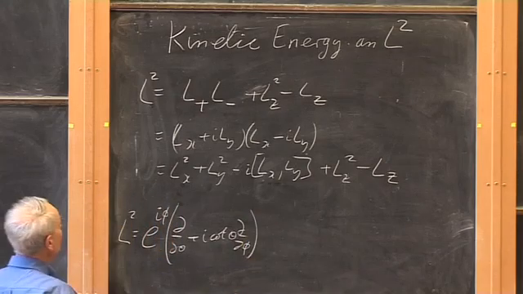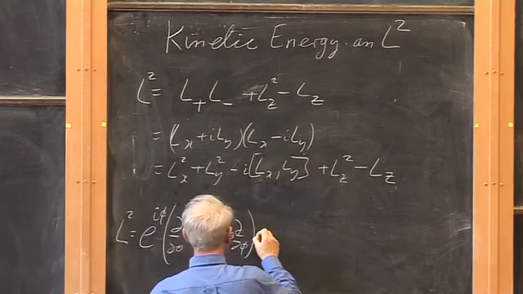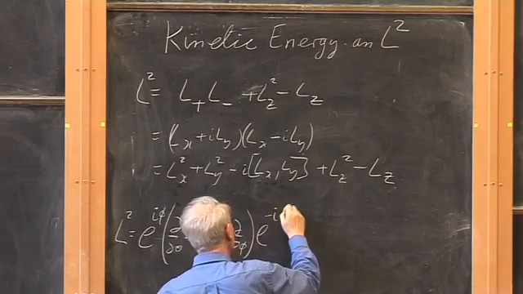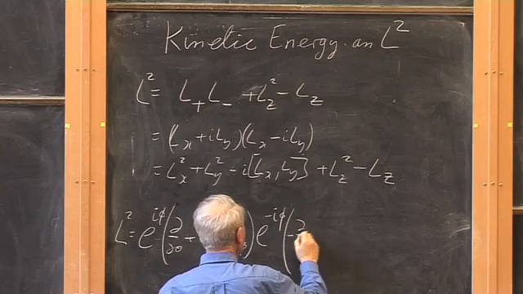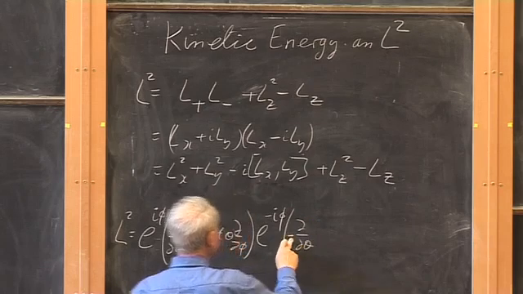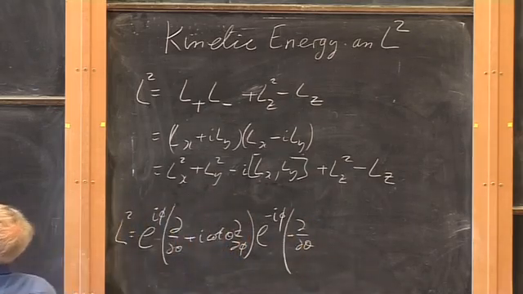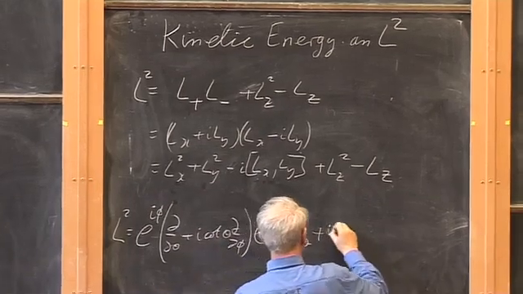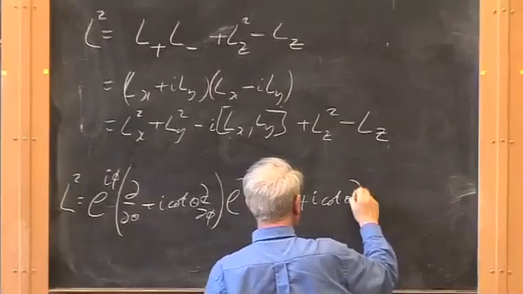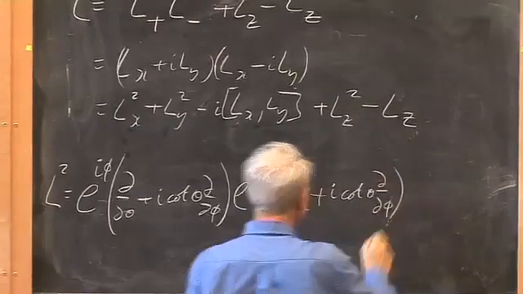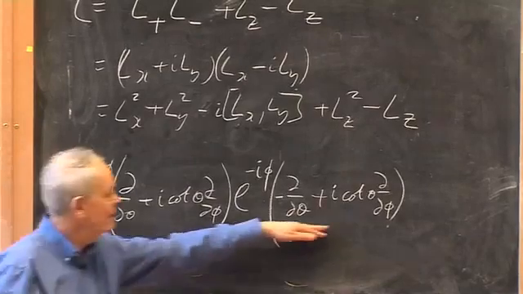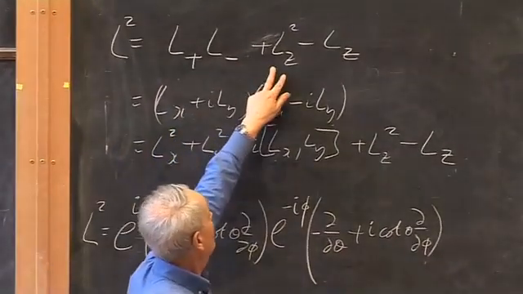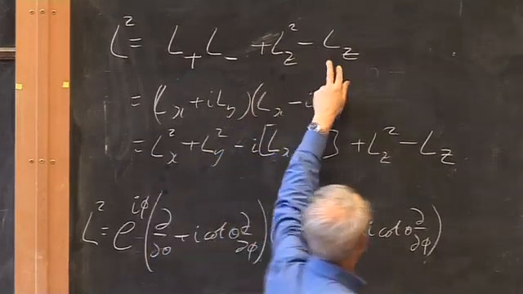And that should operate on L minus, which is minus, I'll take the minus inside the bracket, e to the minus i phi, d by d theta, plus, because I propagated the minus inside the bracket, i cotangent theta d by d phi. So this disgusting mess is that product. And then we have to add Lz squared and take away Lz.